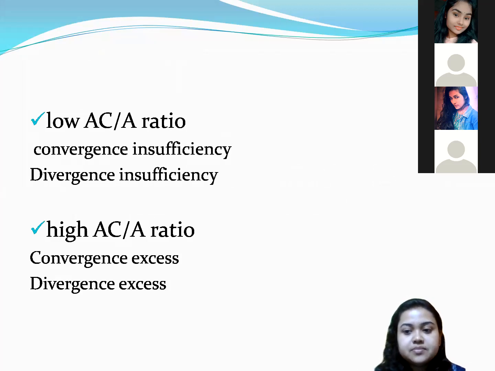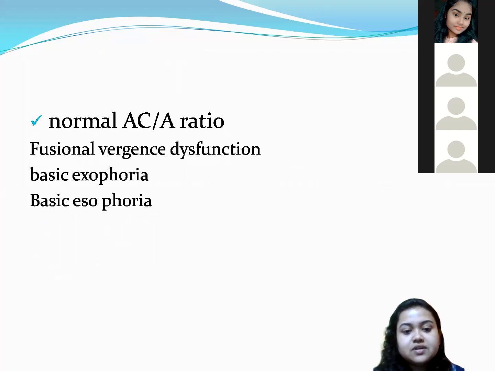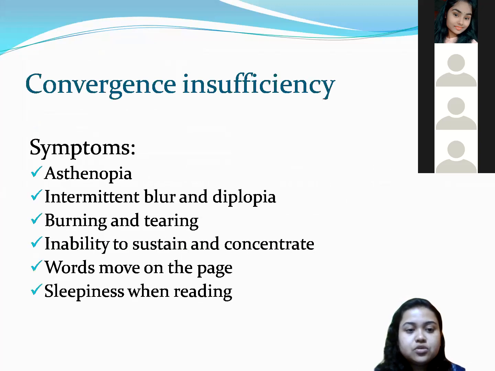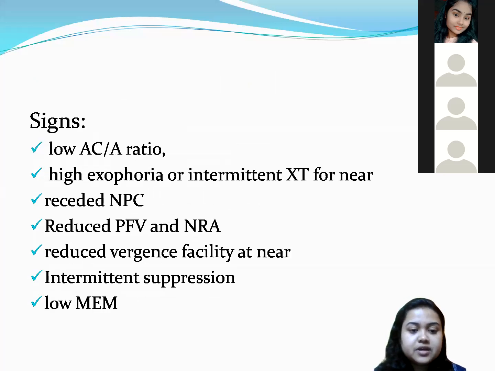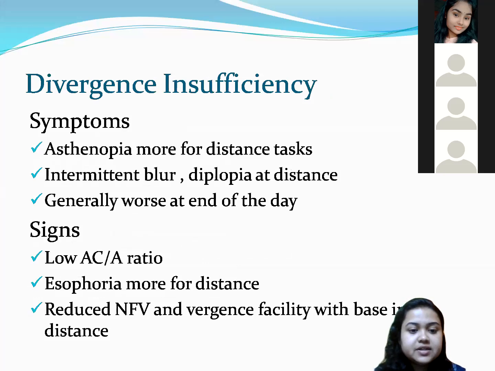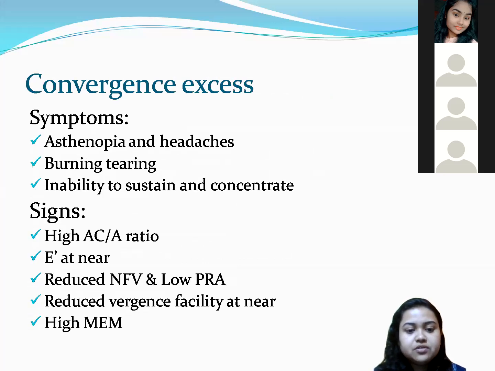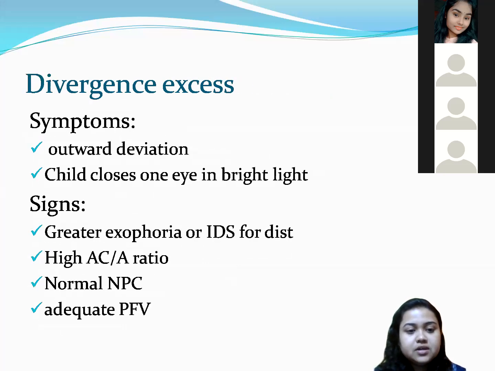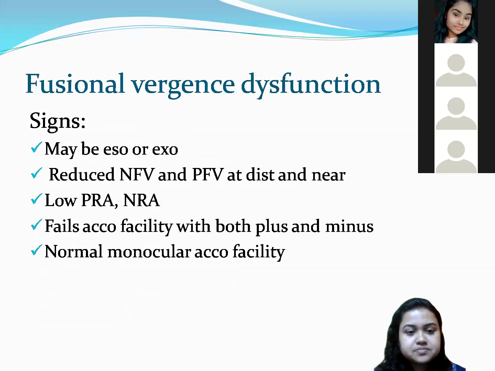Basically, we have to do a battery of tests to diagnose if there is any convergence or divergence anomaly. Those things we already discussed in the previous classes. If any one of you has any doubt, we will discuss.